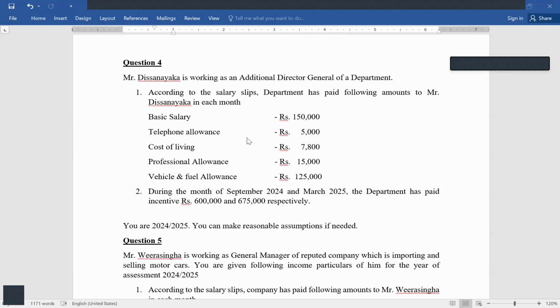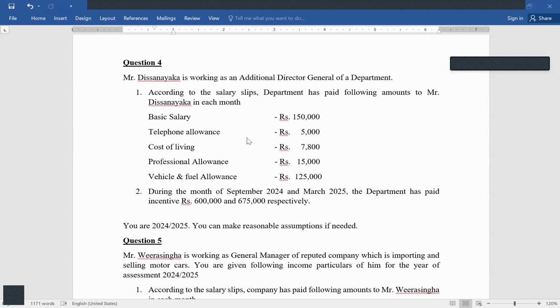If you have that document, the quantification document, can you please go to that document? Communication.